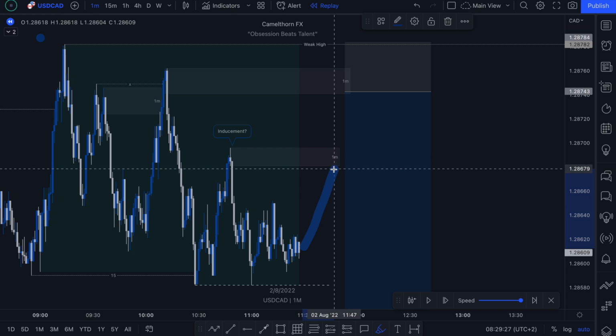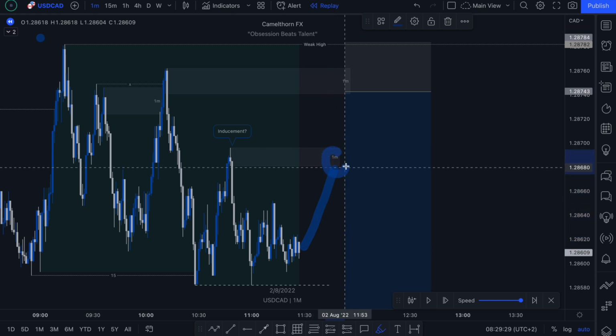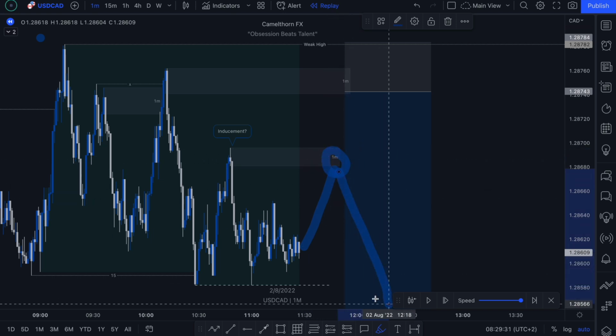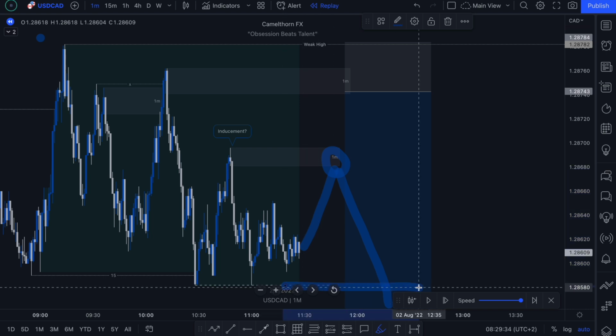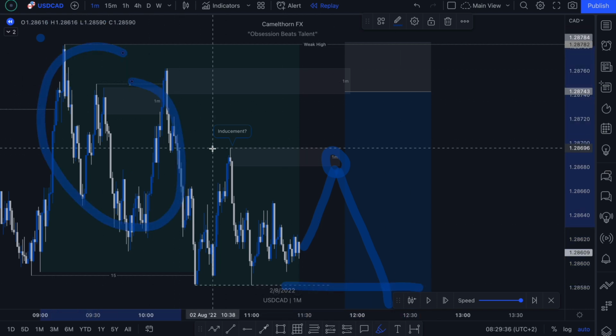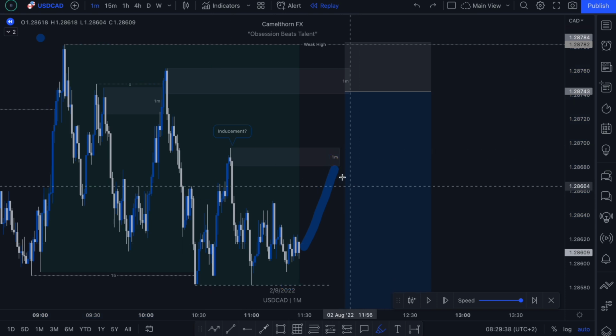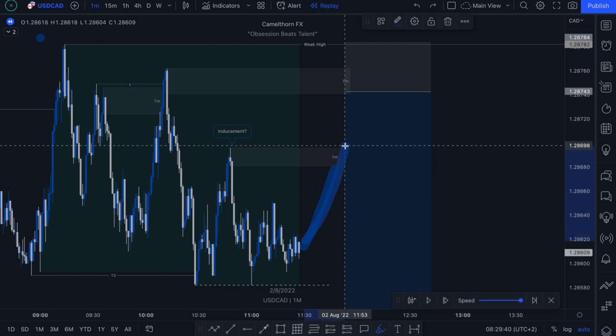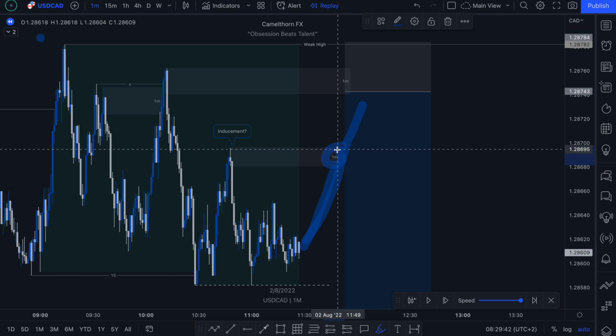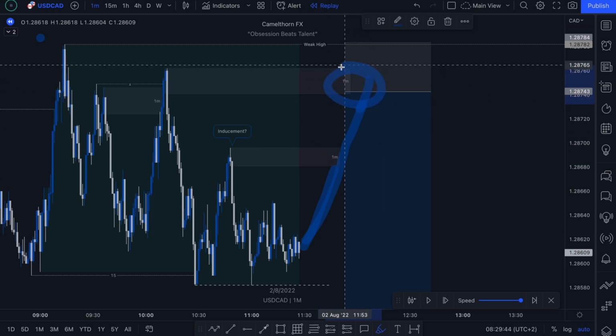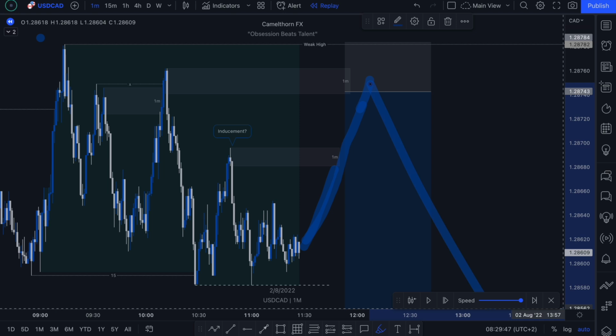The reason I say it could be inducement is because one of two things can happen in this scenario. Either price action pushes up, mitigates this 1 minute supply and pushes down to violate this low, confirming our 15-minute change of character, or price action could shoot through this 1 minute level, come up to mitigate this 1 minute before continuing to the downside.